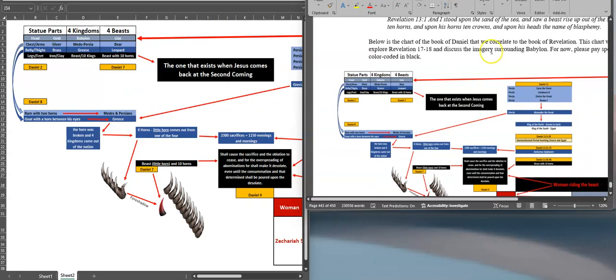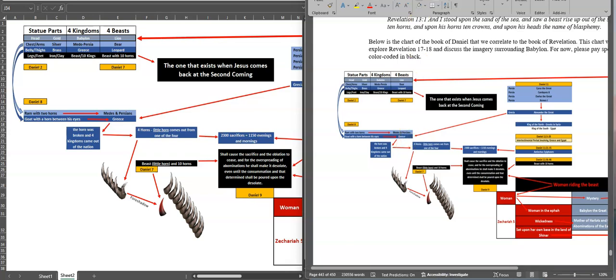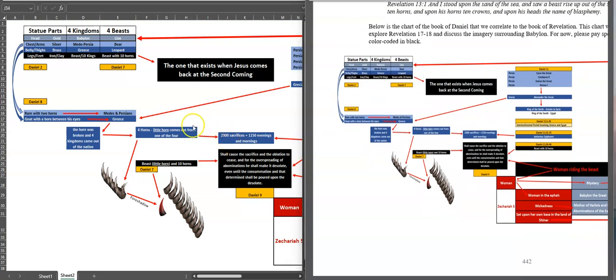So I'm going to put these documents side by side. I have the Word document that I'm actually working on and the spreadsheet that I created this document from, because there are parts of this where it's going to be easier to look at the imagery side by side as I'm reading through this.